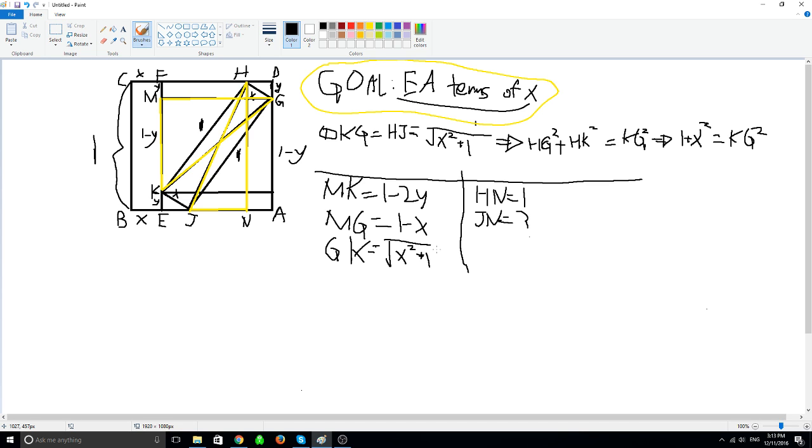And then finally, we have HJ equal to the square root of x squared plus 1. So now we can use the Pythagorean Theorem once again to help us find that in terms of y and help us find JN.